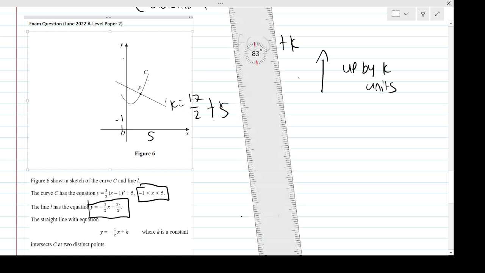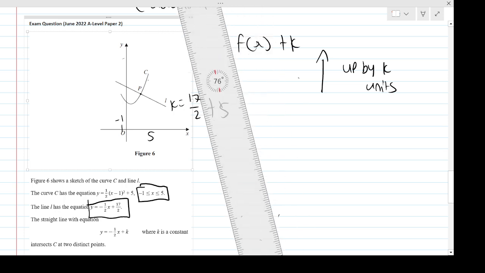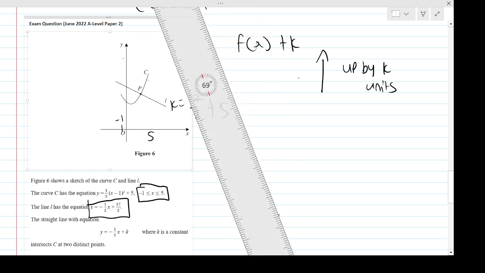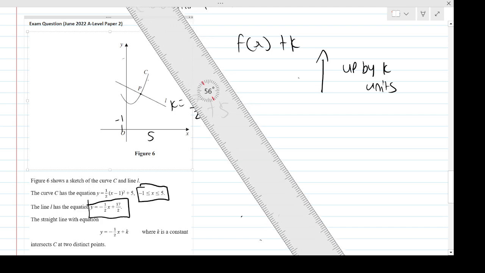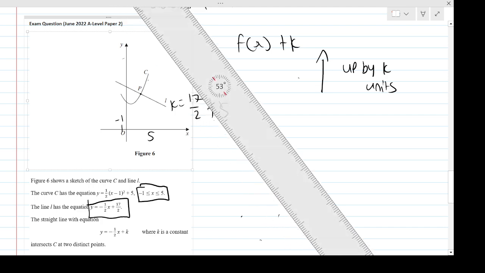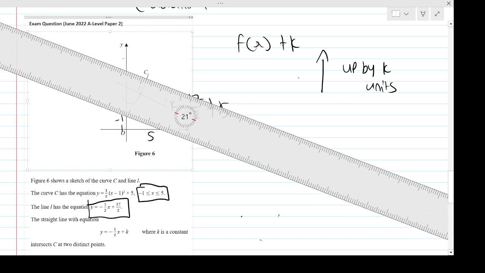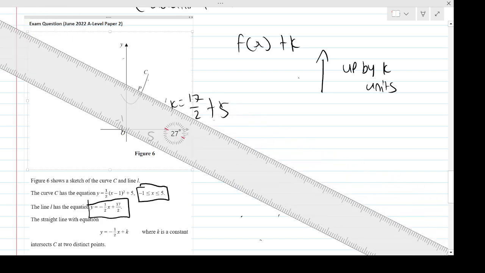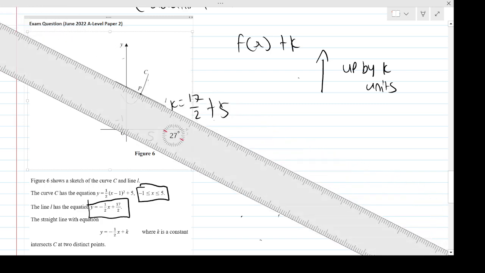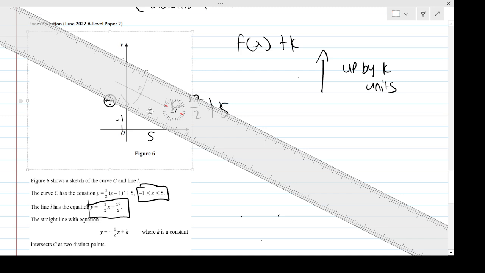If we match the line with a ruler, that's what I'm doing here. There we are, great, so more or less it matches. So if you have a ruler there, essentially adding k means we can only move it literally up or down.